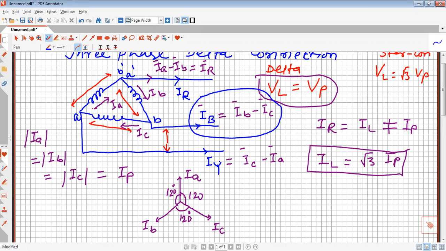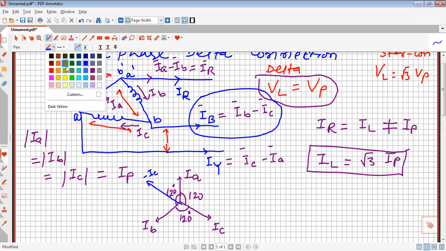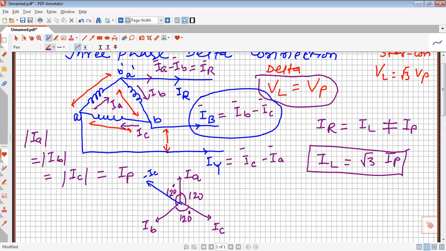So I have to find IB. IB is here and IC is here, so I have to subtract this IC. We have to bring it in the negative direction as we do in vector notation. So this will be minus IC here, the direction of minus IC. I have to find the resultant of IB and IC, so we make a parallelogram to calculate the effect of these two currents.